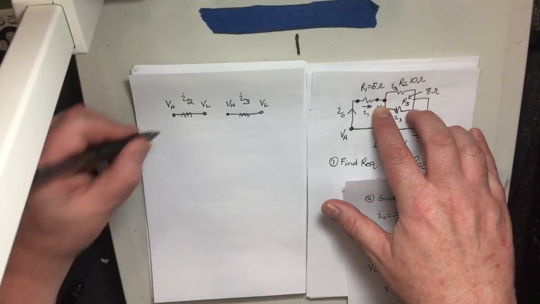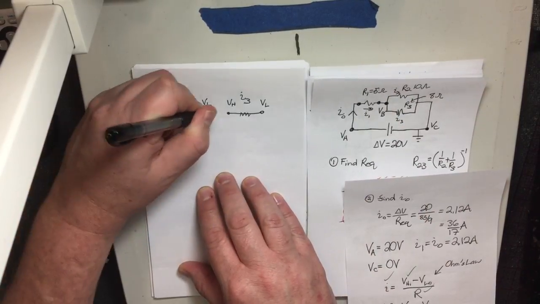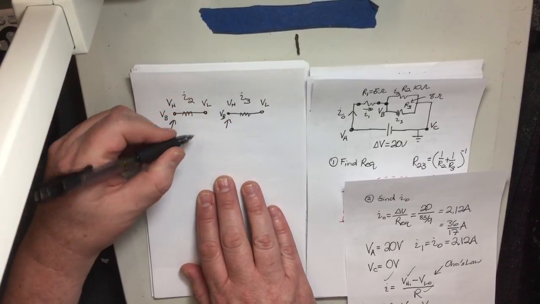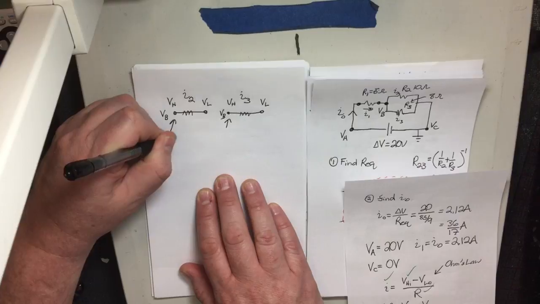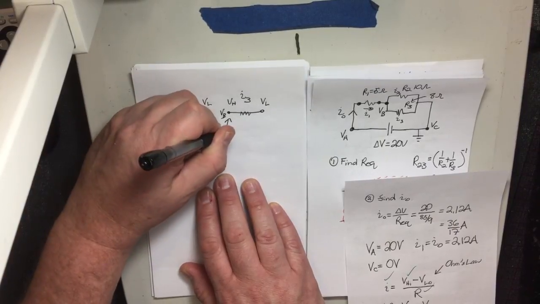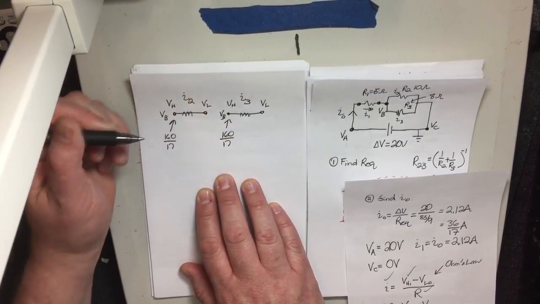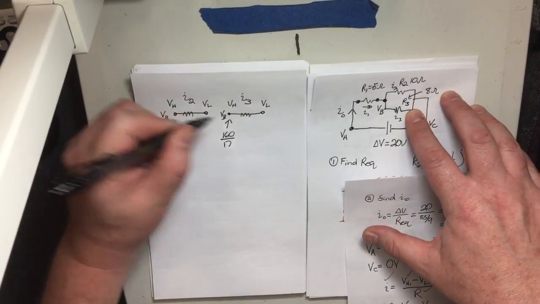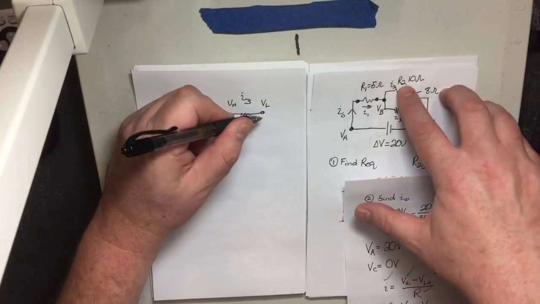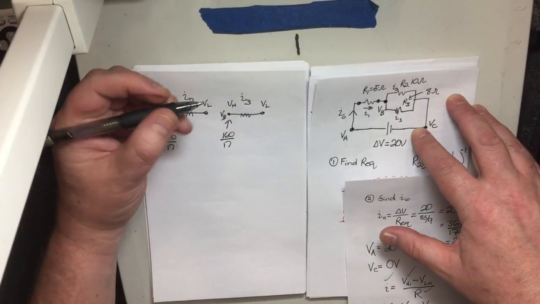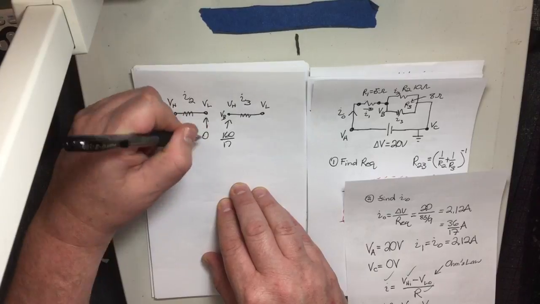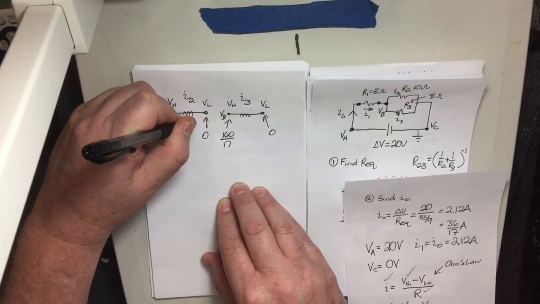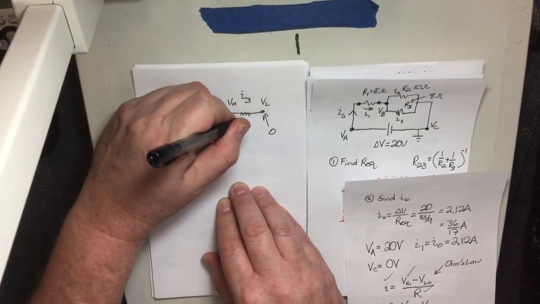They're both at VB, which means both of those values are 160/17. V low of R2 is the same as V low of R3. They're both attached to the bottom, which is attached to ground. So V low is both 0. R2 is 10. R3 is 8.